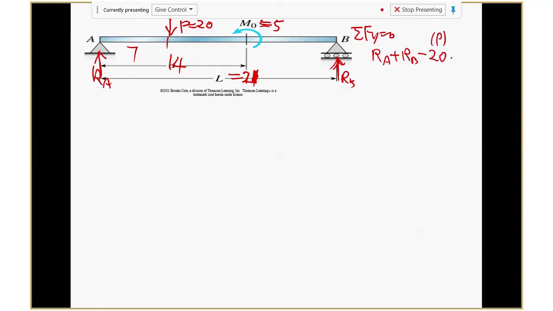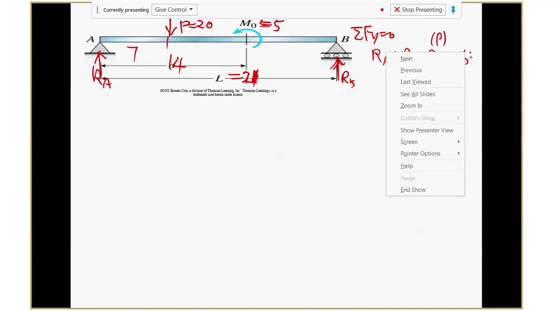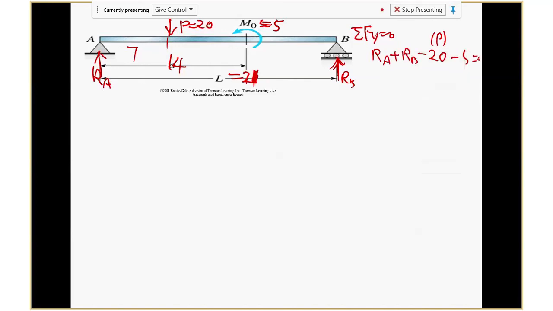Then minus 5 equals 0. What did I get wrong here? You cannot subtract a moment from a force, right? They're totally different things. So basically, this equals 0, so RA plus RB will be 20, so we know that.